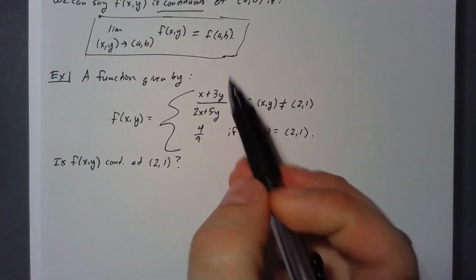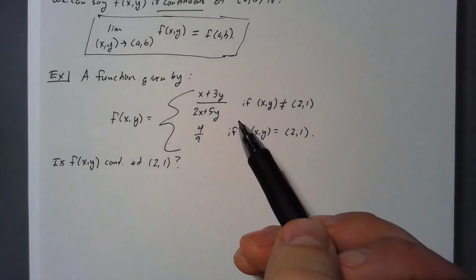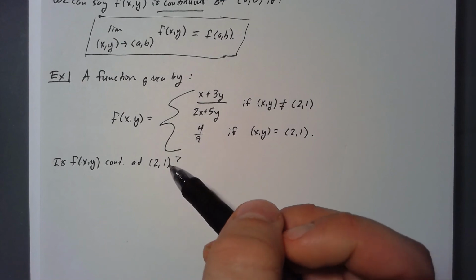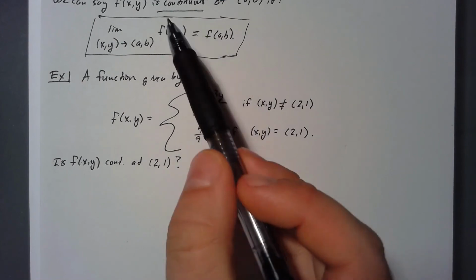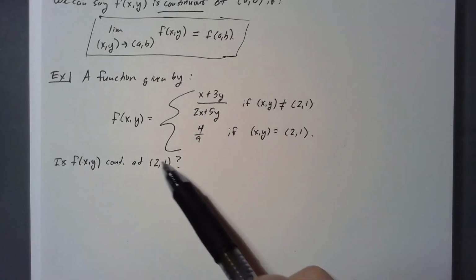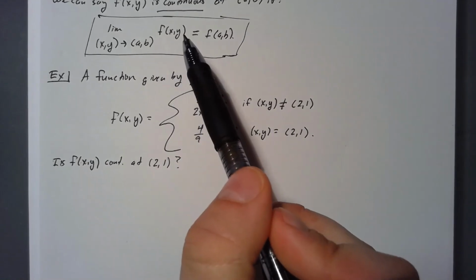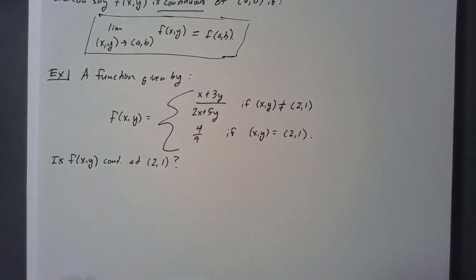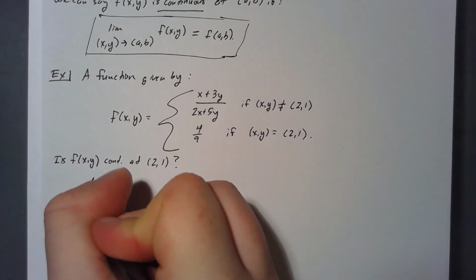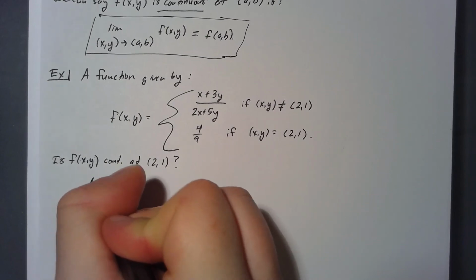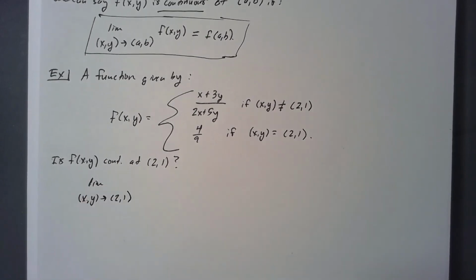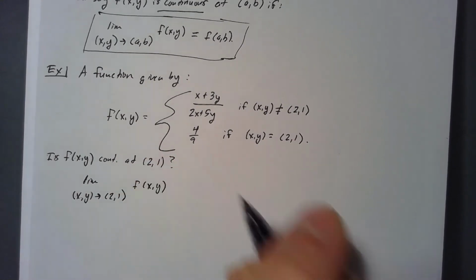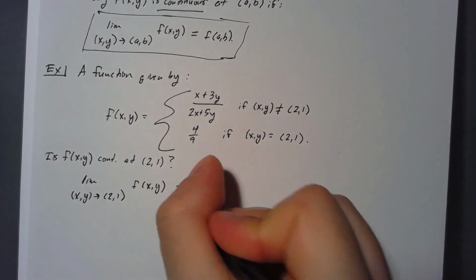So you're just applying this definition. You're taking the limit as this approaches 2, 1, and seeing if it equals the function at 2, 1. All right, so if I take the limit as x comma y approaches 2, 1 of f of x, y, well, that equals the limit.